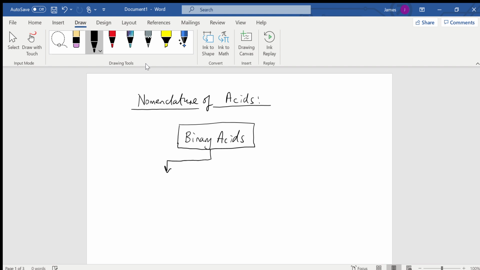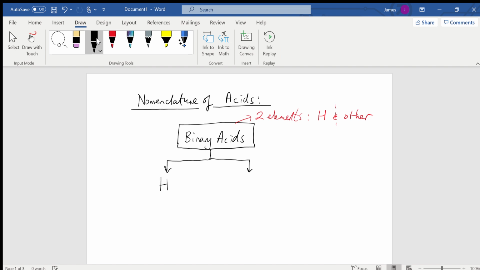So we're looking at two elements stuck together: H and another. That's what we're talking about here with binary acids.